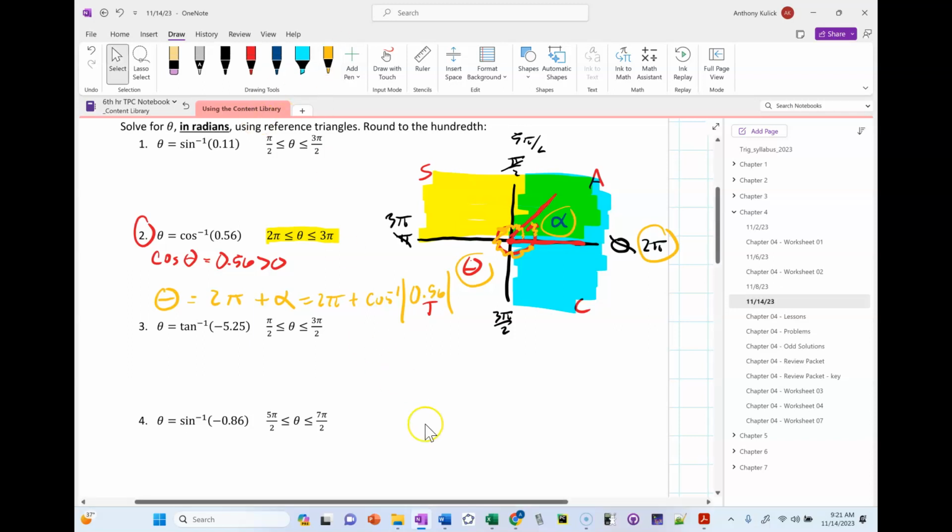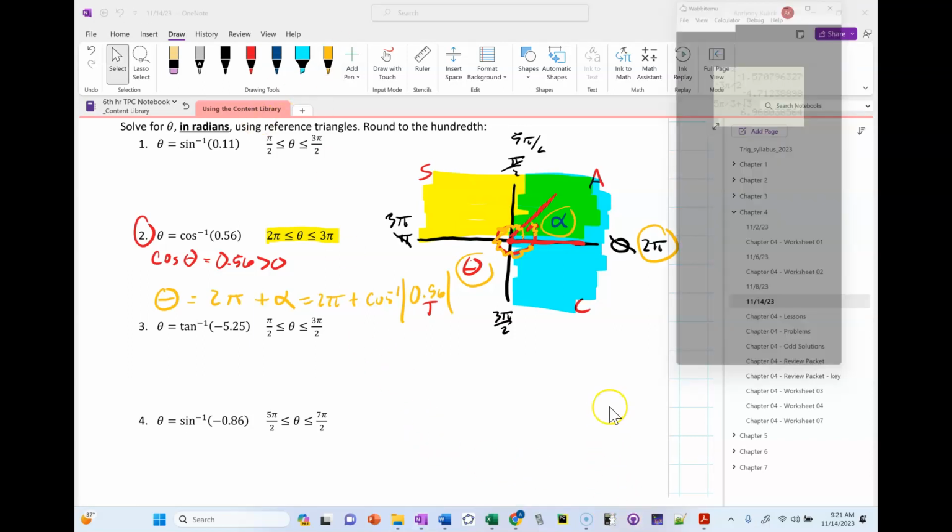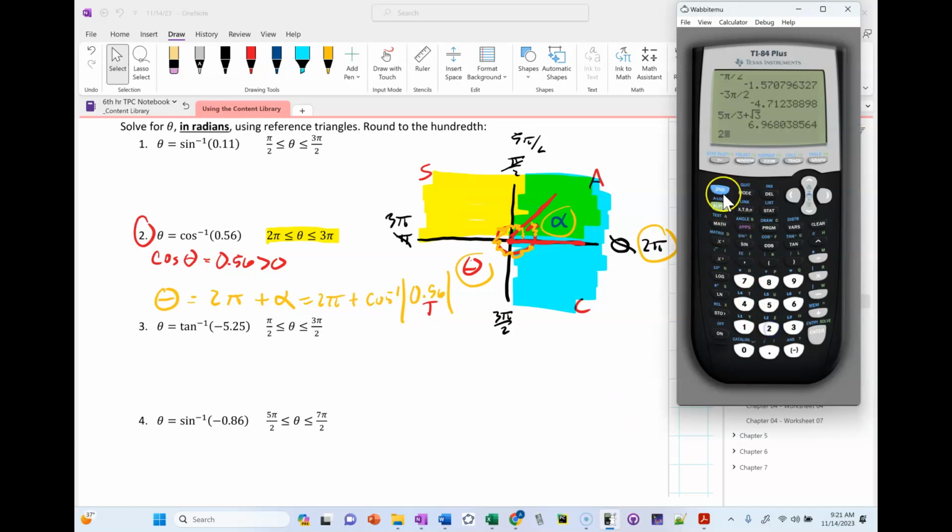And at that point, it's calculator time for me. So 2 pi plus cosine inverse 0.56. So 726-ish should be my answer.